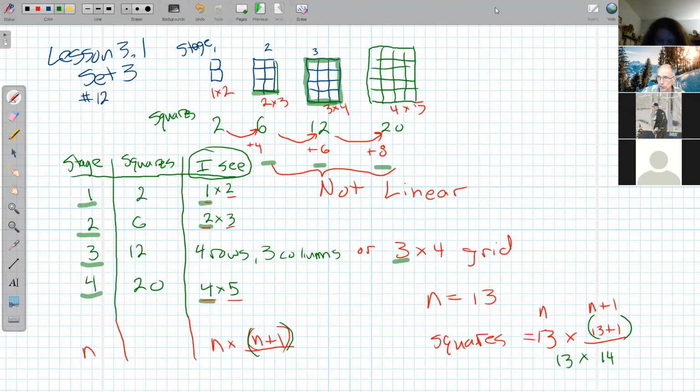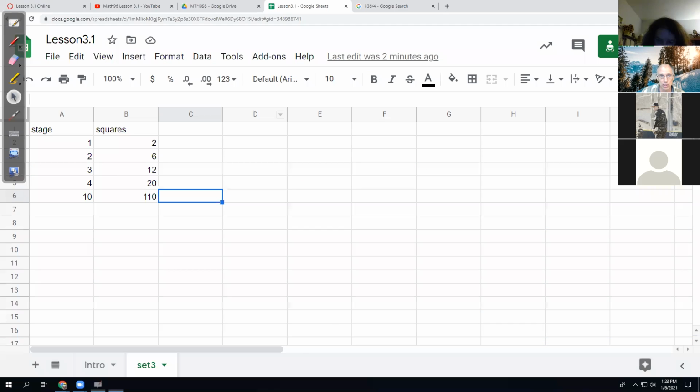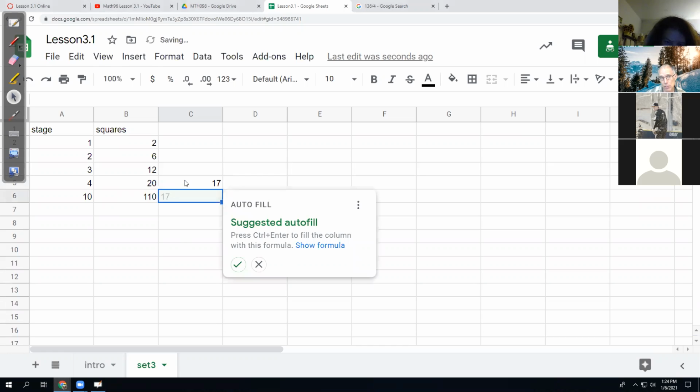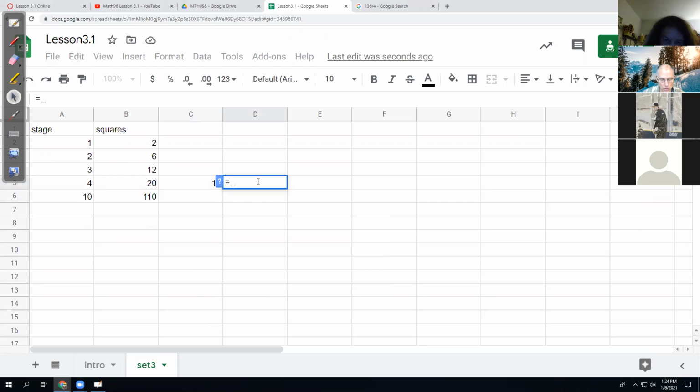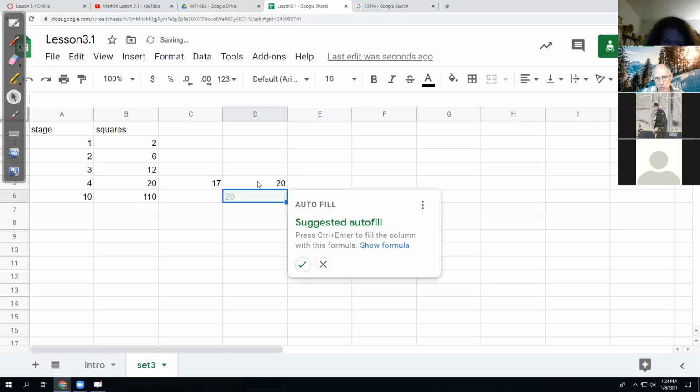So I'm just going to double check that on a calculator. A spreadsheet is a calculator. So here, if I type 4 times 4 plus 1, it doesn't give me the right answer. What I meant to say was 4 times parentheses 4 plus 1, and then it does give me the right answer.